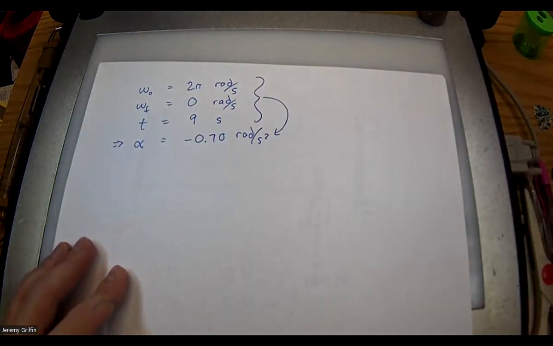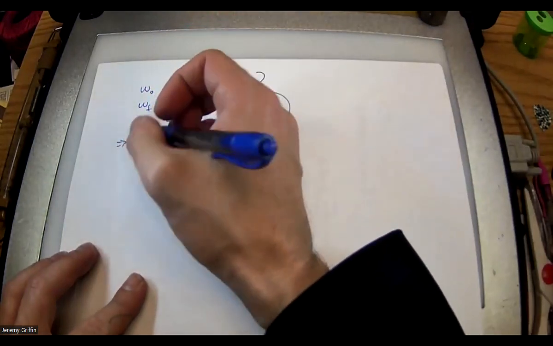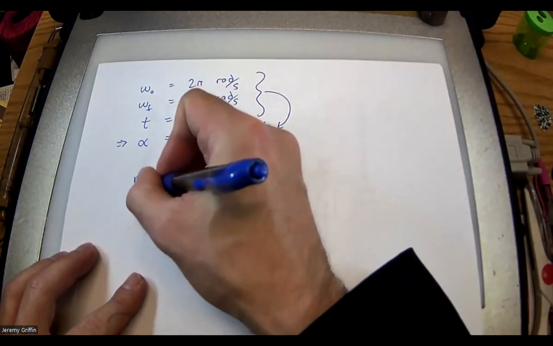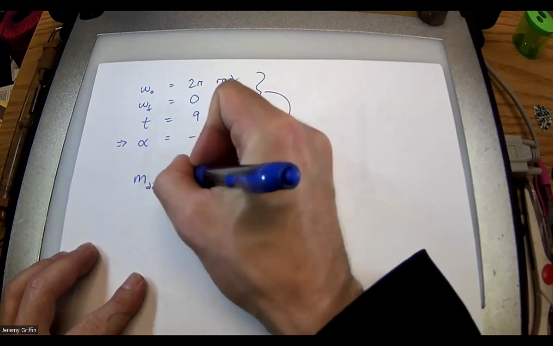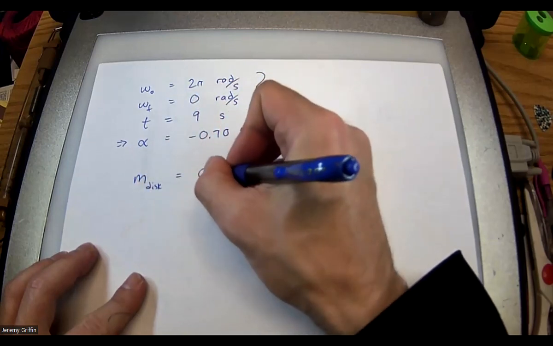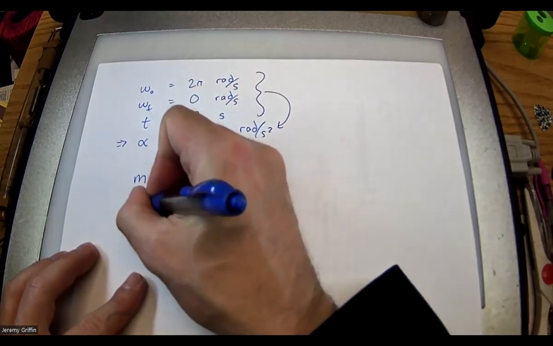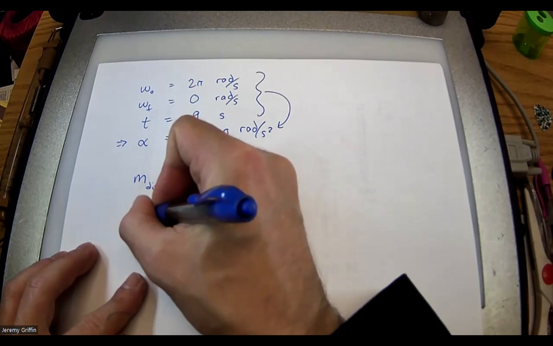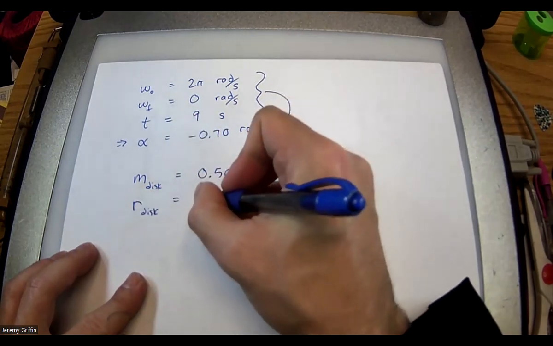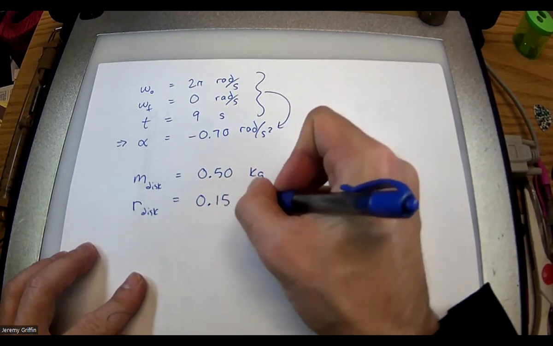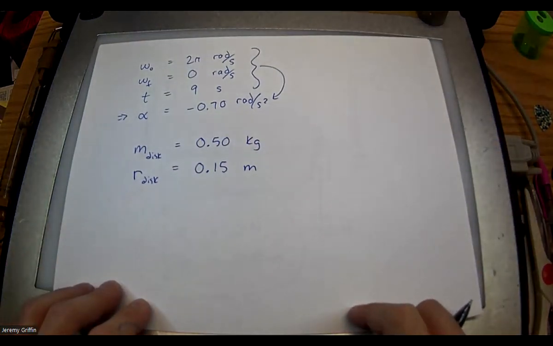Right? Okay. Let's say that the mass of the disk is equal to 0.50 kilograms. Let's give it a radial size of 15 centimeters. Is that called 0.15 meters? Okay, we're doing everything in base SI units.